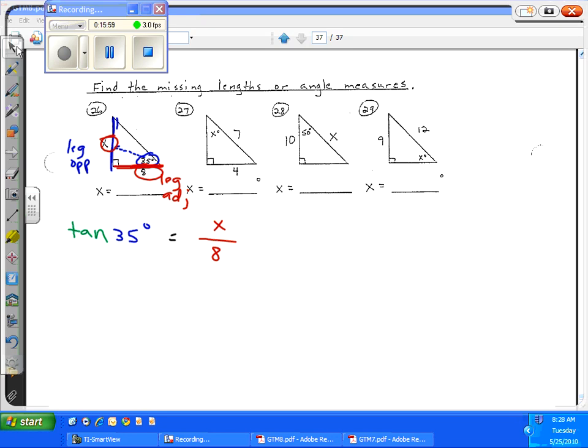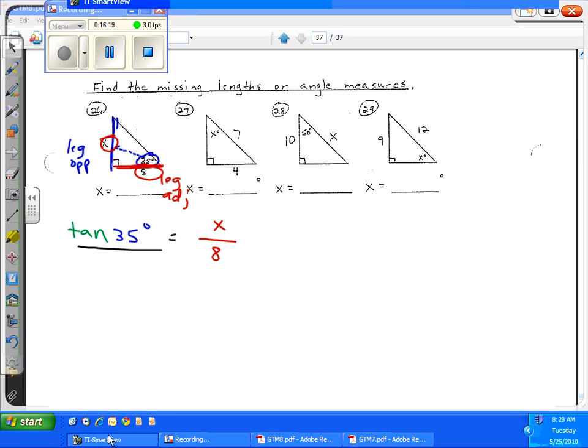Once our trigonometric ratio is set up, we're going to solve using the order of operations. So we're going to do anything we can to simplify, and we can do tangent 35. Now we're going to go ahead and do this and round as we go, which isn't the best way to do it if we want accuracy, but we're going to do that here.